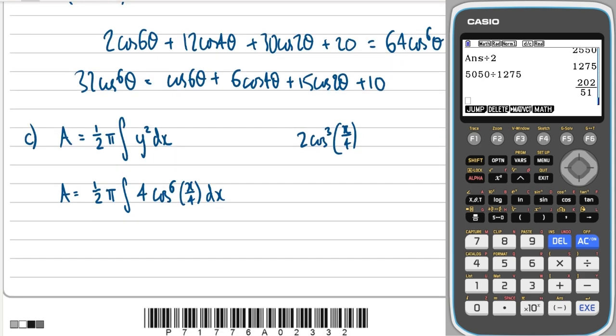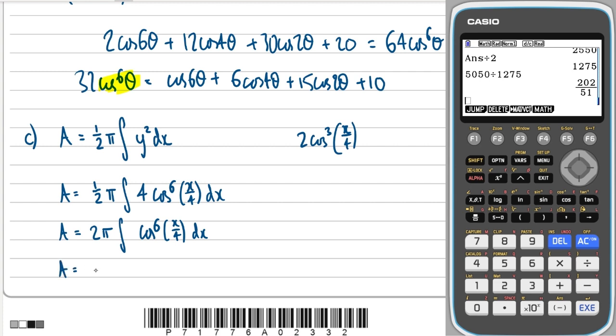Now if I take the 4 outside of the bracket, that's going to give me 2 pi the integral of cos to the 6 x over 4, and we are going to use this identity here to substitute in.